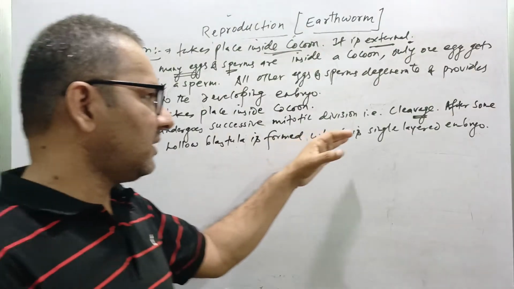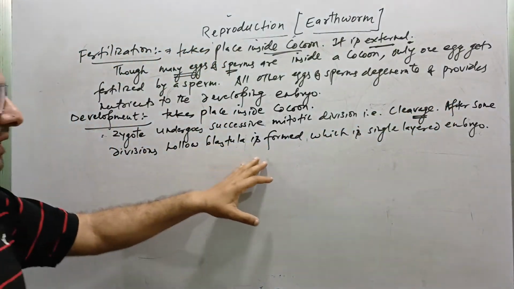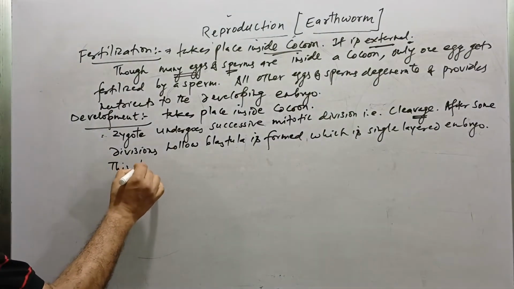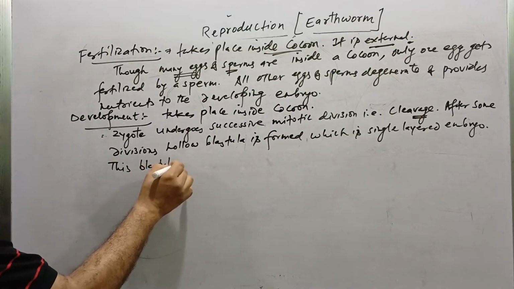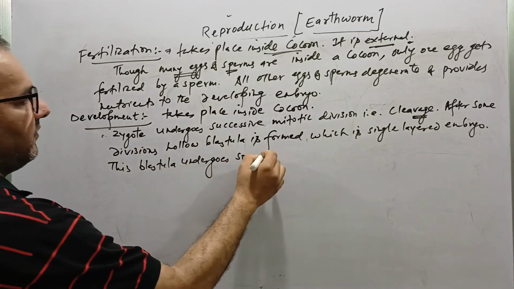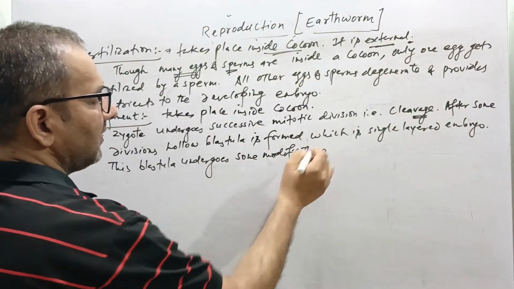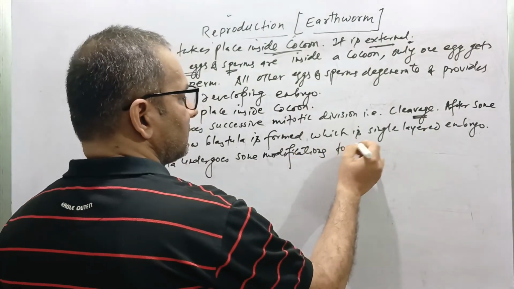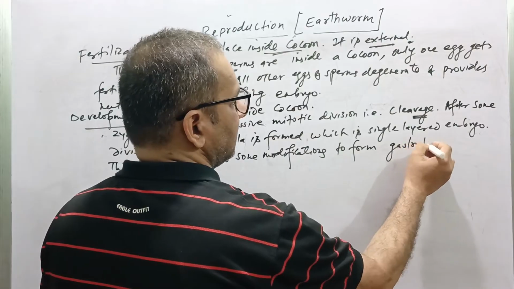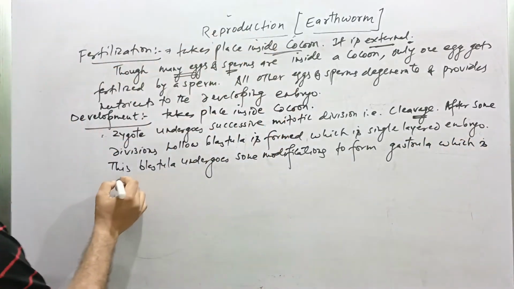Zygote undergoes successive mitotic division. That process is called cleavage. After some divisions, a hollow blastula is formed, which is a single layered embryo. This blastula undergoes some modifications to form gastrula, which is a double layered embryo.